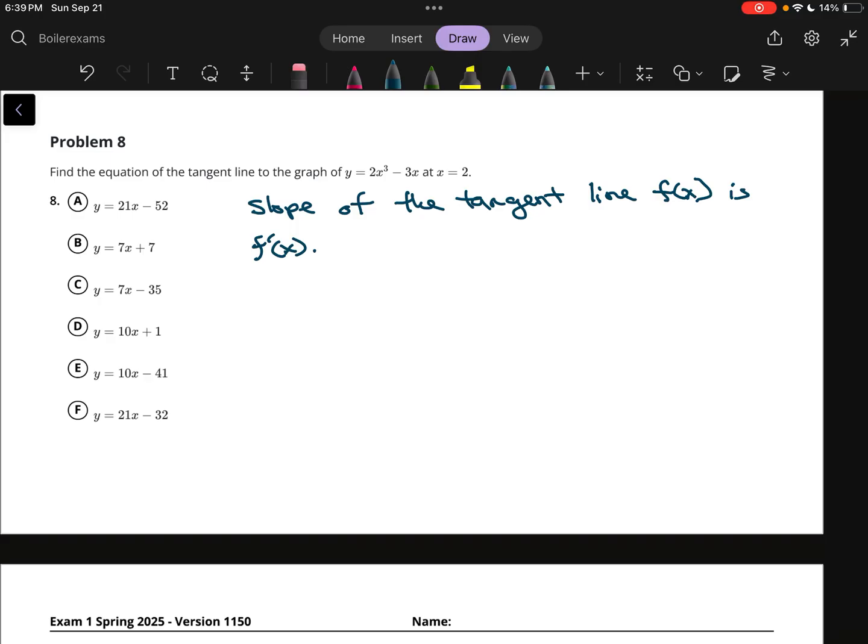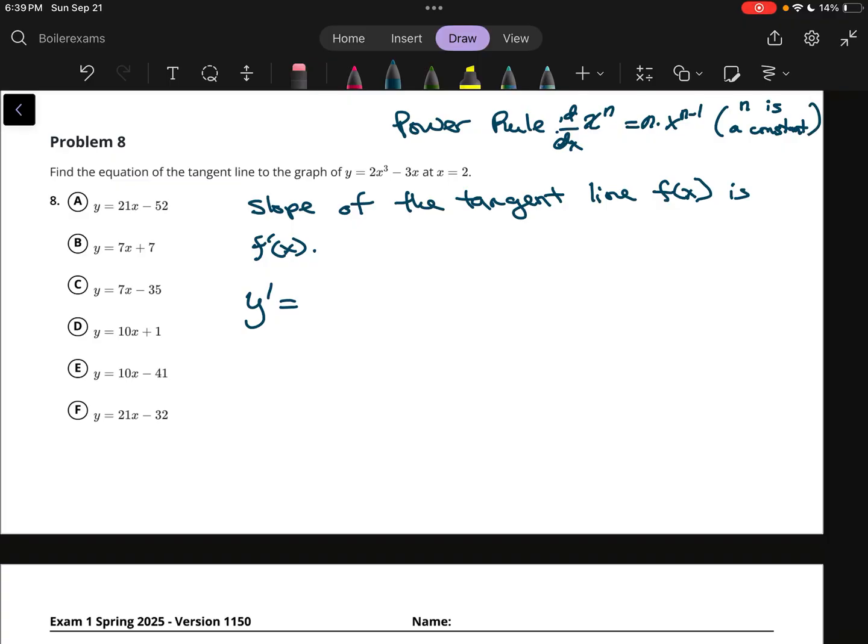So what I'm going to do first is find the derivative. So y prime. The way we do this is with the power rule, which I will write up here. The derivative of x to the power of n is equal to n times x to the power of n minus 1, assuming n is a constant.